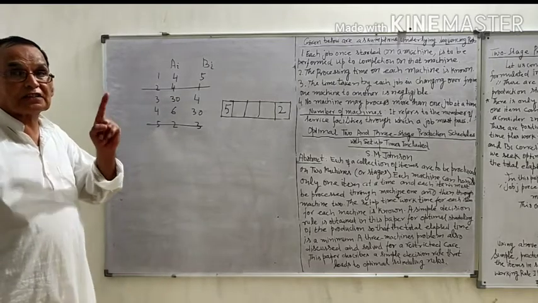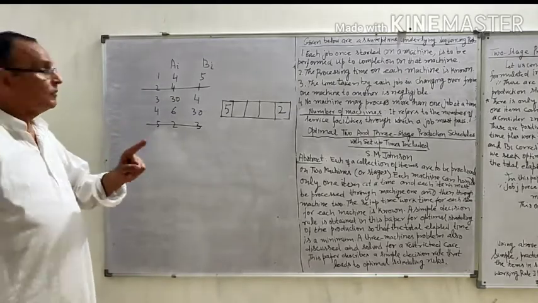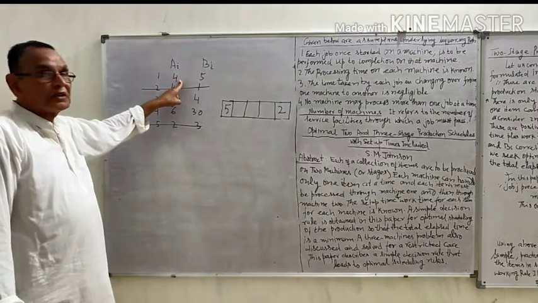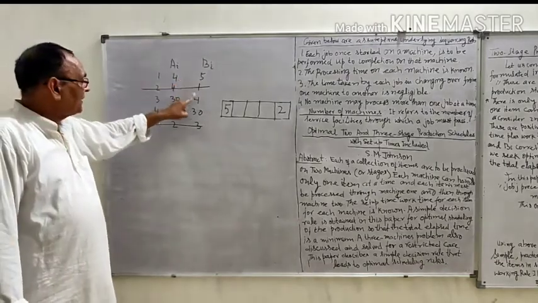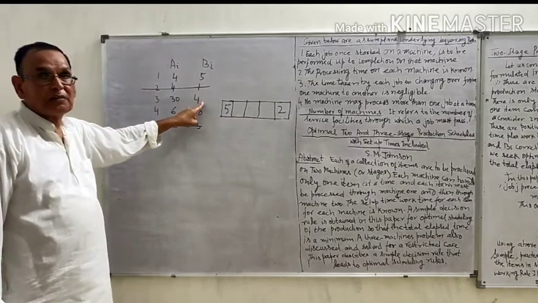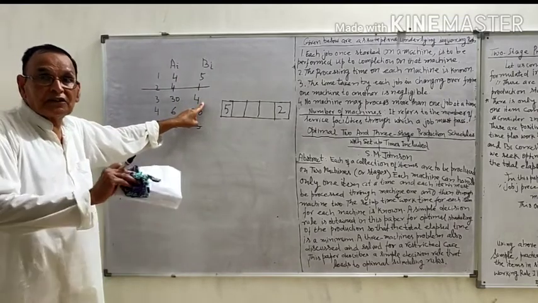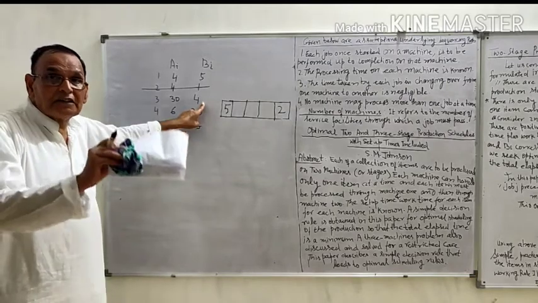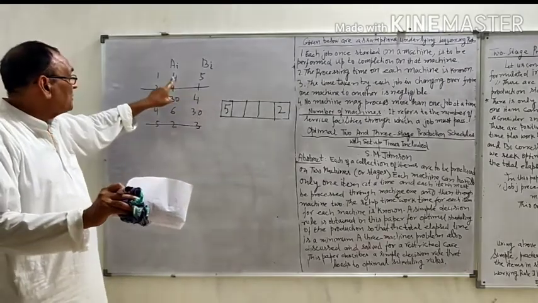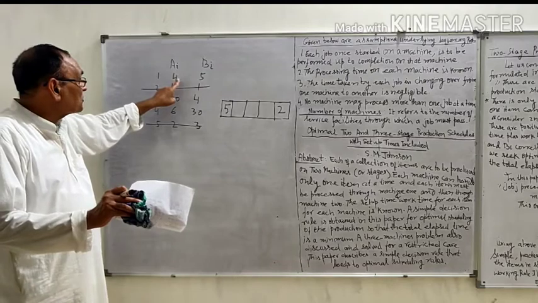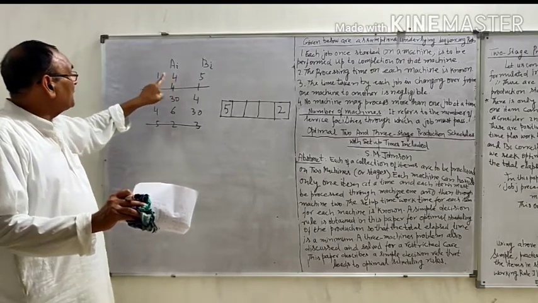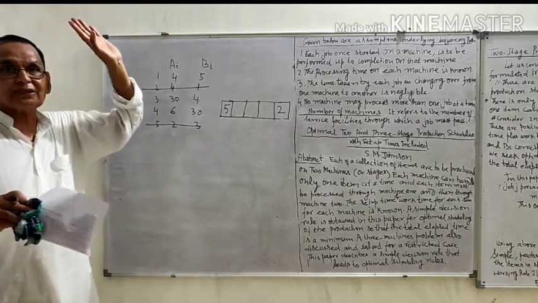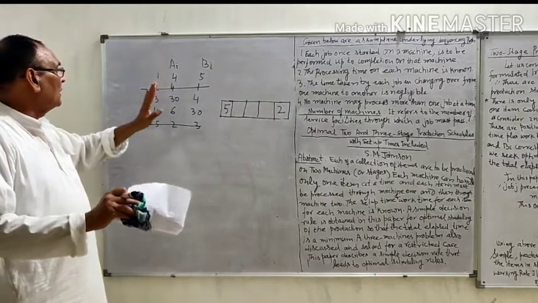But here it is occurring for machine A. Here it is occurring for machine B. So there is no tie. A tie would be there if it were the minimum processing time for machine A and it were for job 1, job 3 also. Now there is no tie.